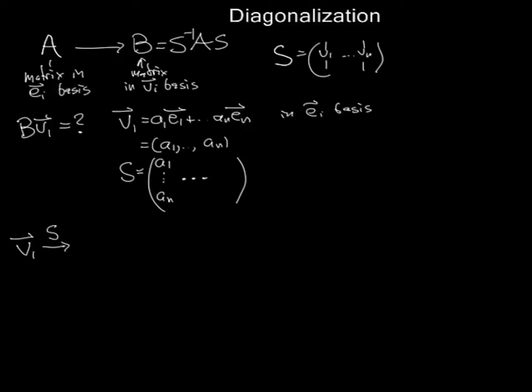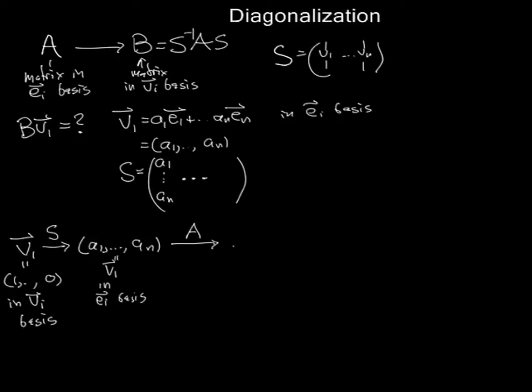It takes the vector V1. Well, it's the vector V1 in the basis of the Vis, which is to say a 1 and a bunch of zeros. And then S takes it to this thing, which is that vector in the standard basis. And then if you apply the matrix A to it, what do you get?